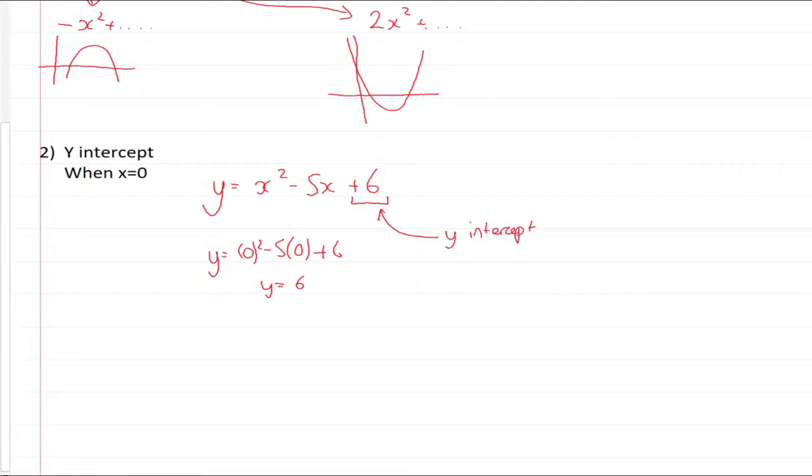But be careful, if it's in completing the square format, it's not the last number for that. I'm going to just show you, you don't need to write this down, but if it was in this format, this is not your y-intercept. Because if we put 0 into this, I end up with minus 3 squared minus 9, which is actually 0, isn't it?